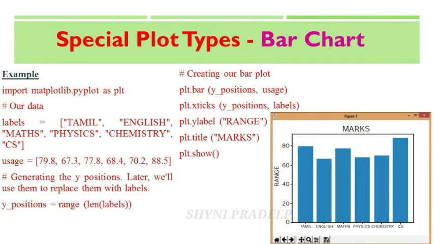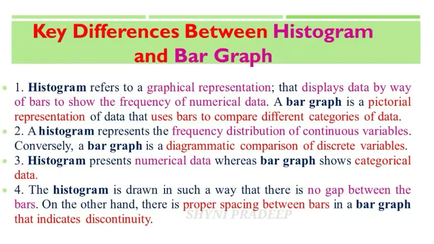Next, let us see the key differences between a histogram and a bar graph. A histogram refers to a graphical representation that displays data by way of bars to show the frequency of numerical data. The bar graph is a pictorial representation of data that uses bars to compare different categories of data.